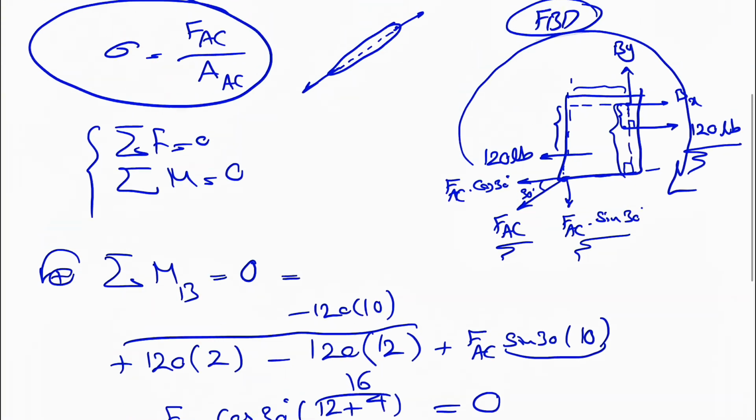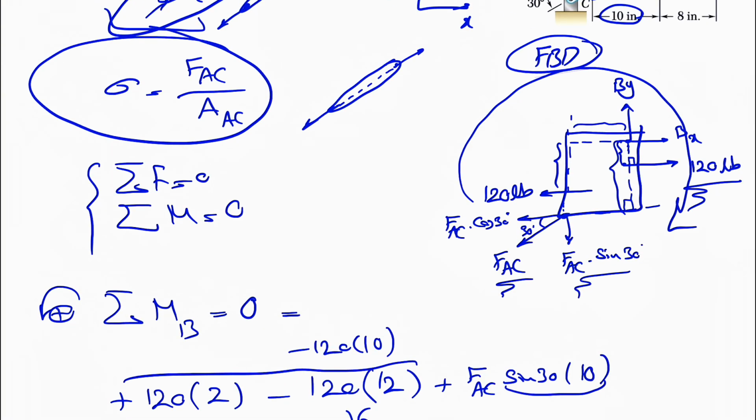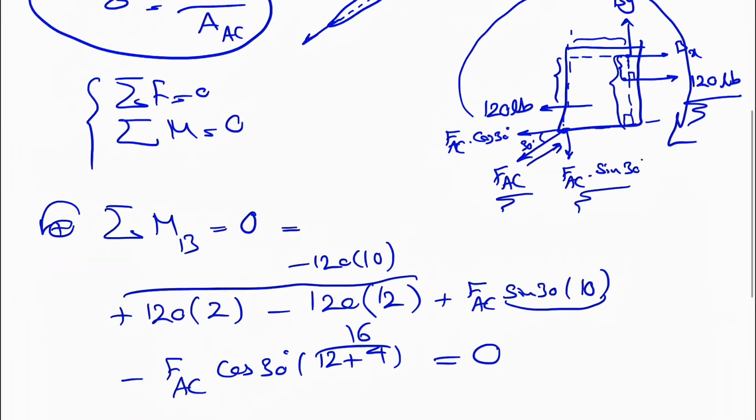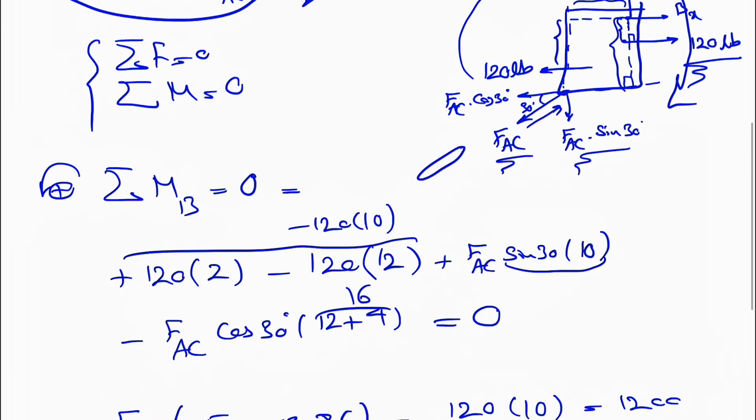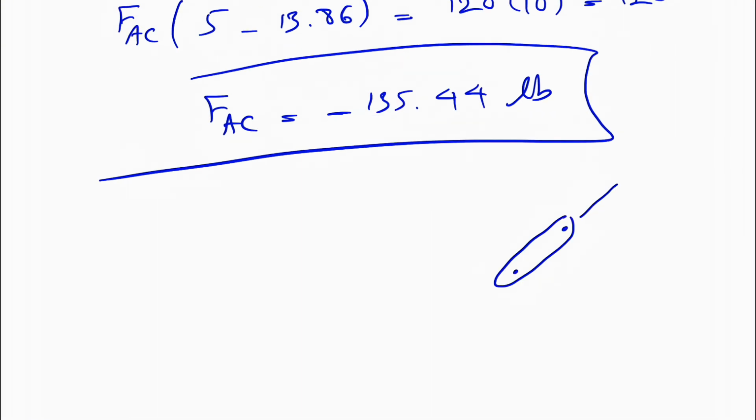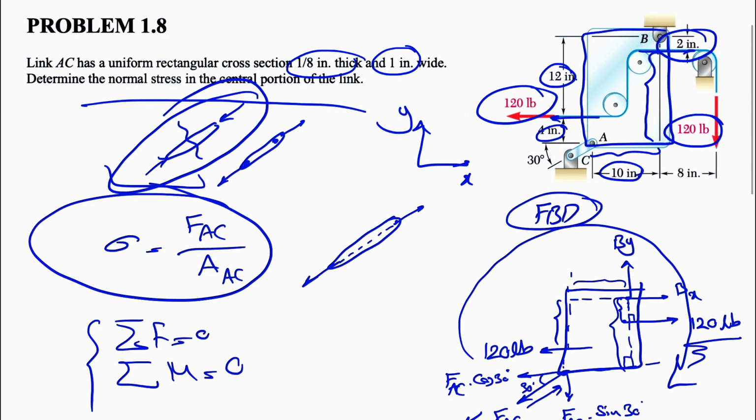So what we found in here is that we considered our FAC in this direction, which wasn't correct. So this has to be actually in the other way, but that's the force that is applying to this plate from the link AC. Meaning the link AC in here has the opposite force in this direction. So AC basically is in compression. Now we can confirm that the member is in compression.